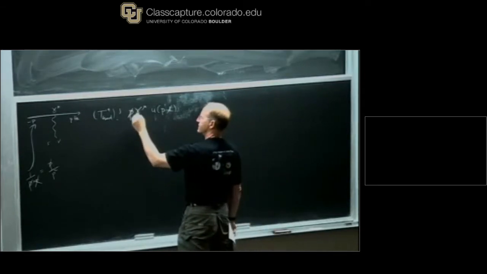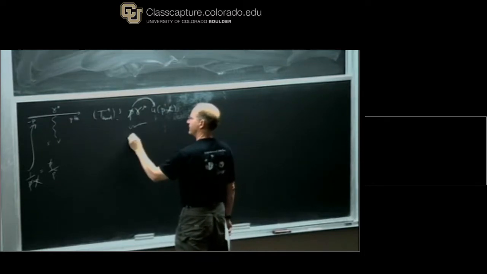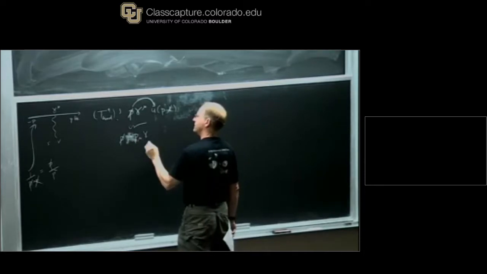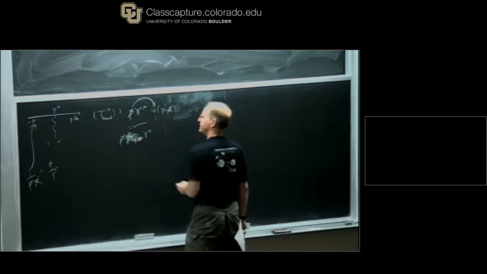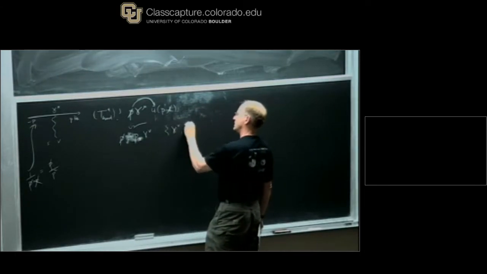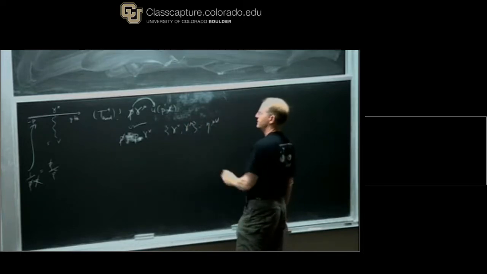And now what I'm going to do is anti-commute this p slash. Remember, p slash is p nu gamma nu, and the anticommutator of gamma nu and gamma mu is 2 eta mu nu.